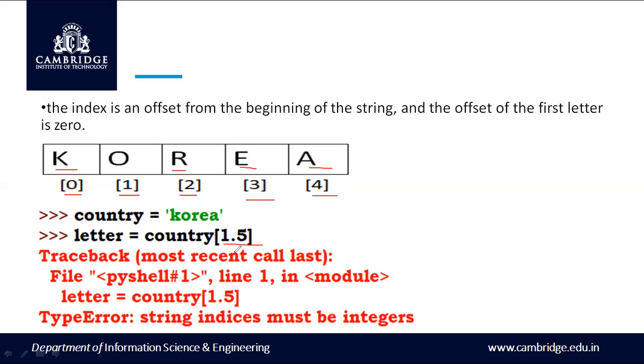Instead of 1, if I give 1.5, you can see here I get an error: string indices must be integers only. We cannot give an offset value like 1.5, so we get an error if you give something like this. Always the string indices must be integers.